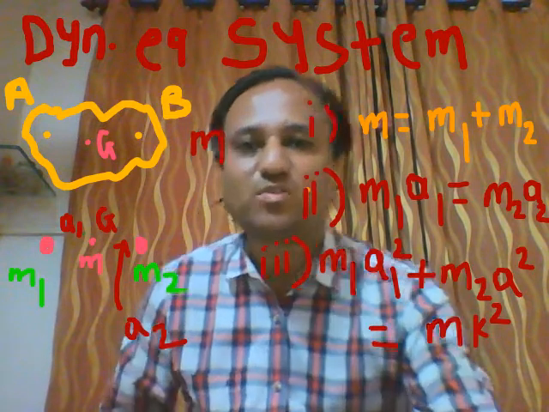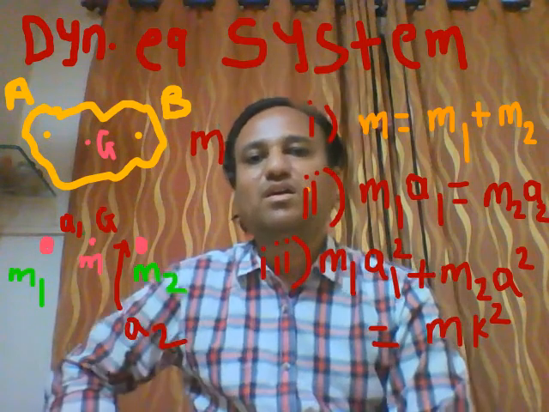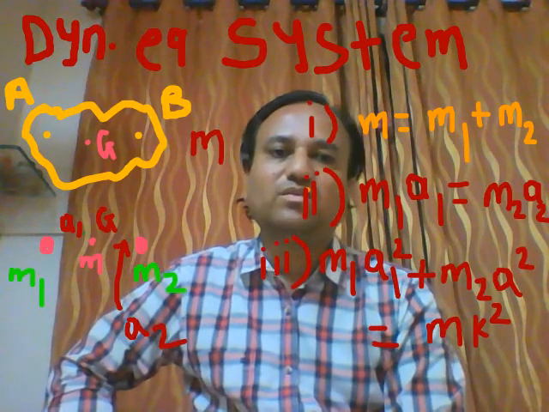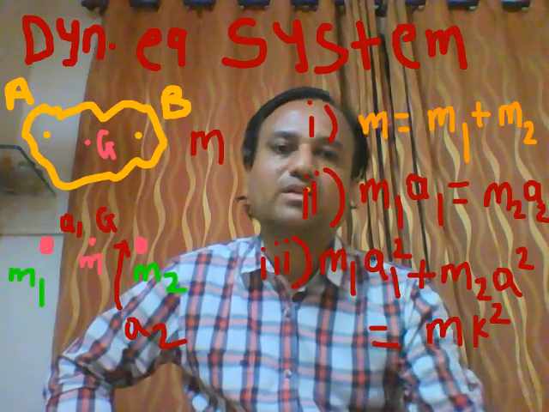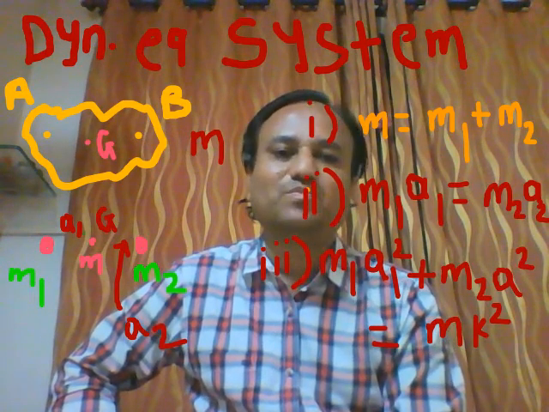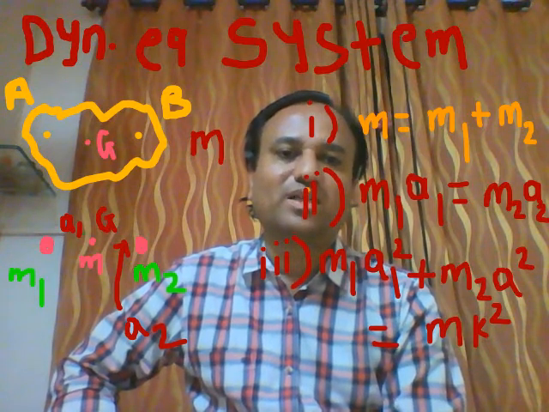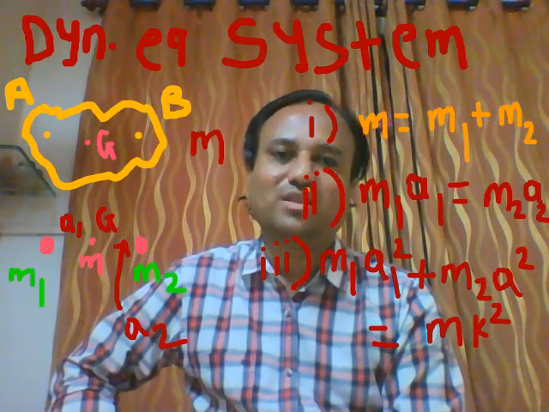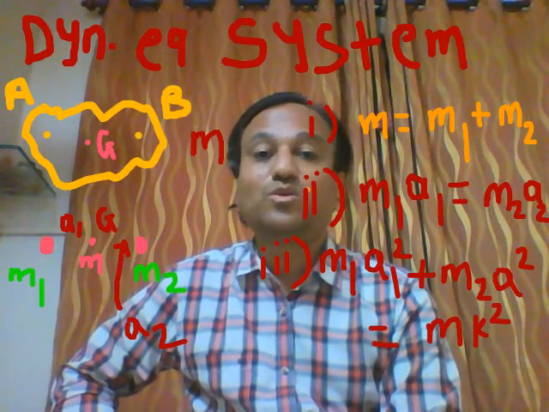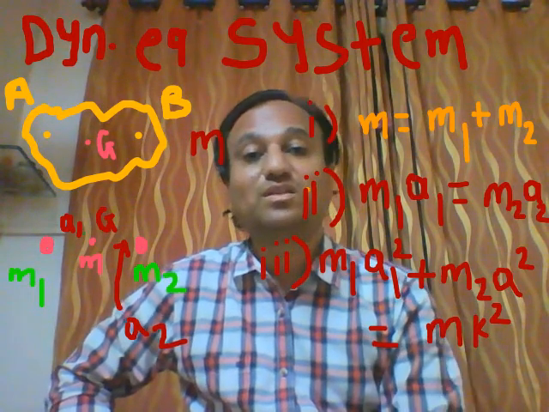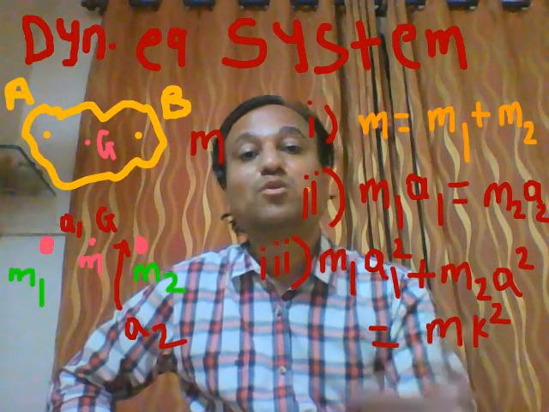After locating CG, next we can calculate the radius of gyration, that is k. If you know the radius of gyration, then we can calculate the moment of inertia. If you know the moment of inertia, you can calculate the forces.